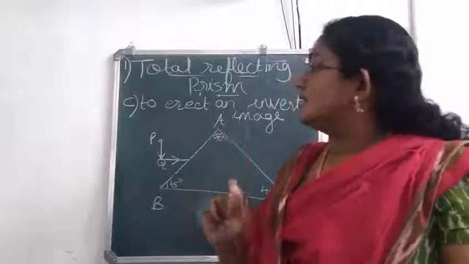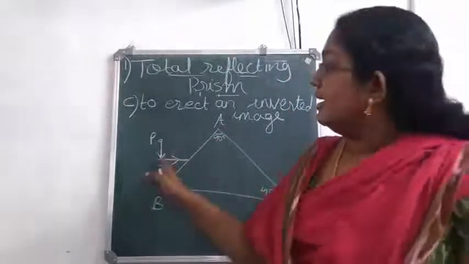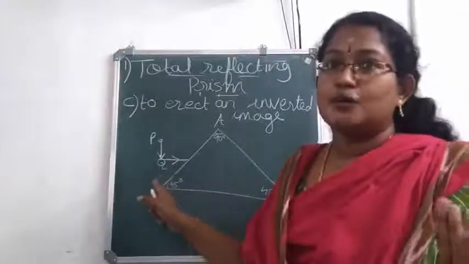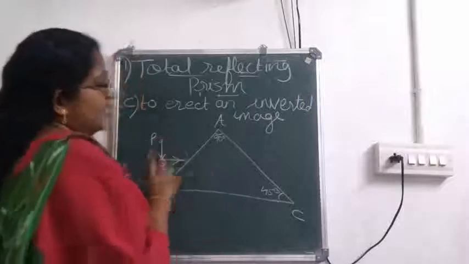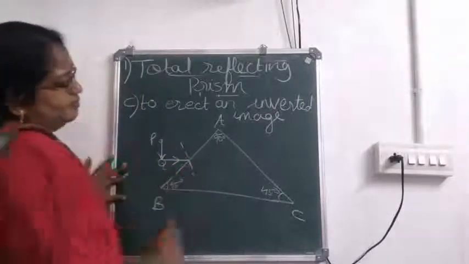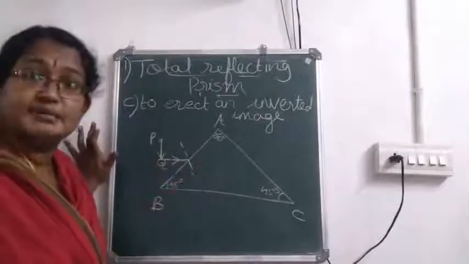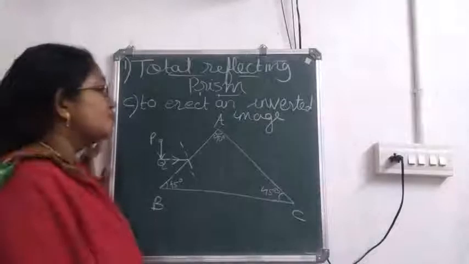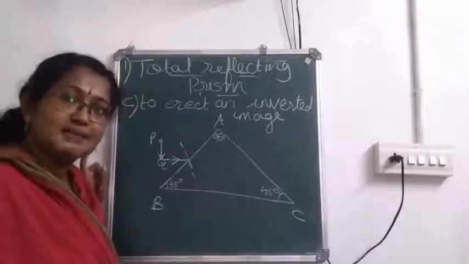But in this case, it is not normal incidence. Since it is not normal incidence, what happens? I'll draw the normal here. Here the ray is moving from a rarer medium to a denser medium. If a ray of light is moving from a rarer medium to a denser medium, what happens?